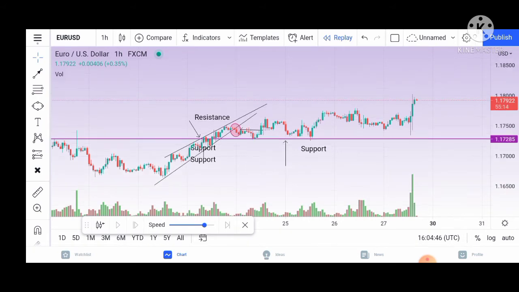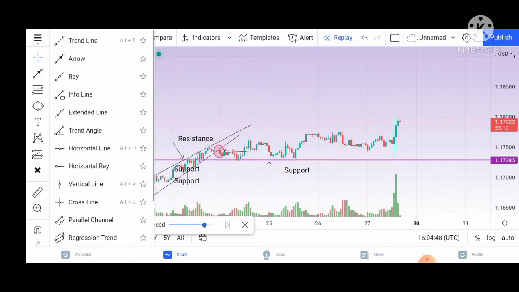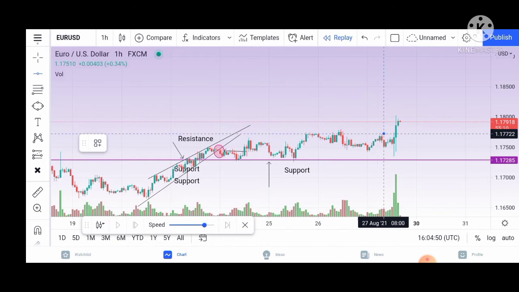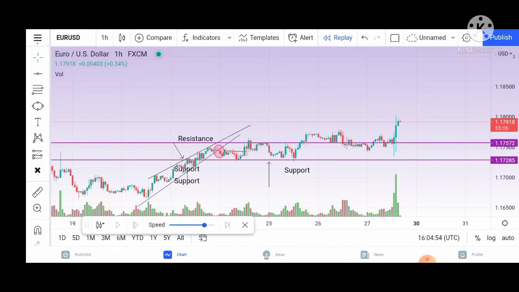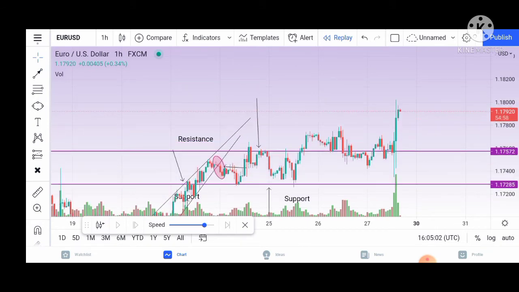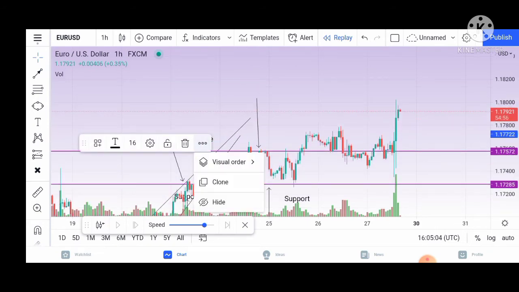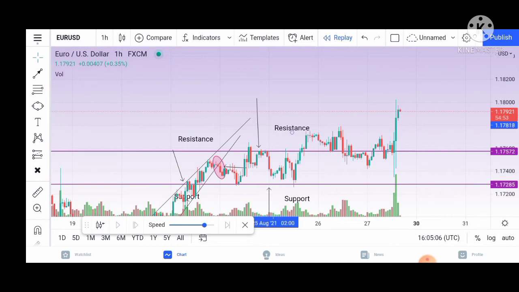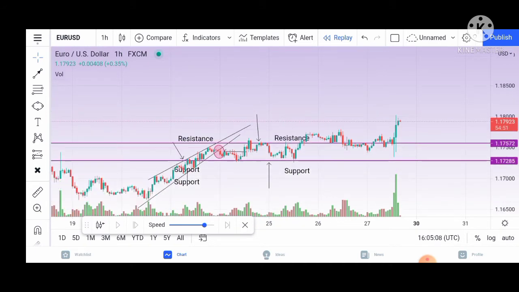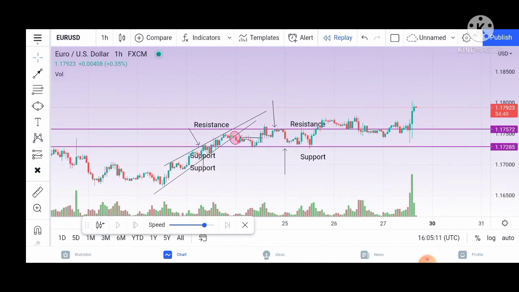Also, we can use our horizontal line to determine the area of resistance. This area of resistance could just be a point where price got there and pushed it down. So this is the concept of support and resistance. This is what your support and resistance line means.